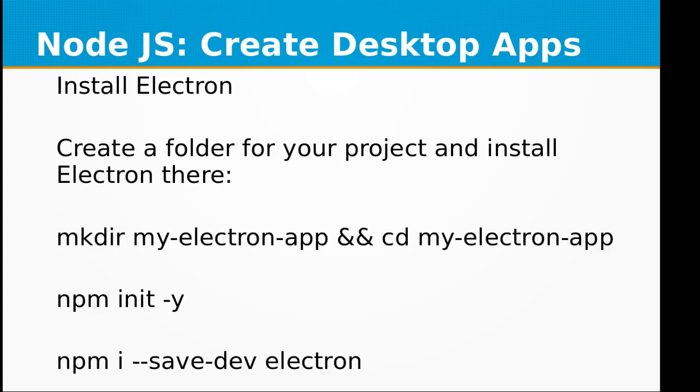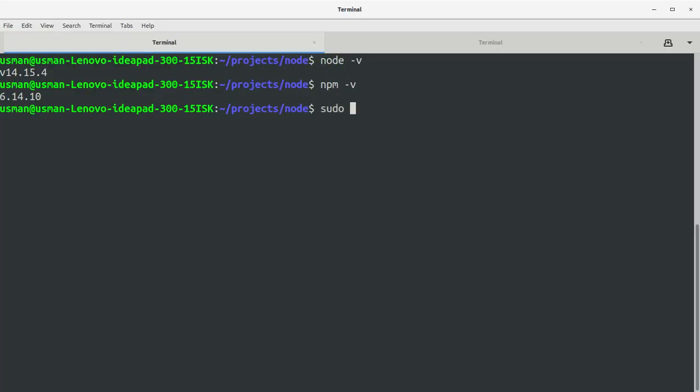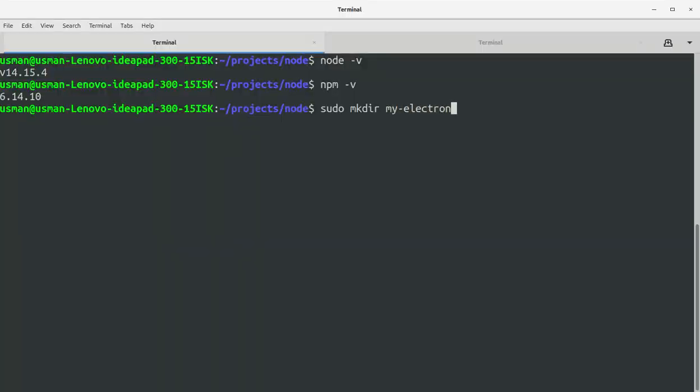First of all, how to install Electron. Create a folder for your project and install Electron there. So let's create the folder, my Electron app. Okay, I have the folder now, and I'm going to set permissions.